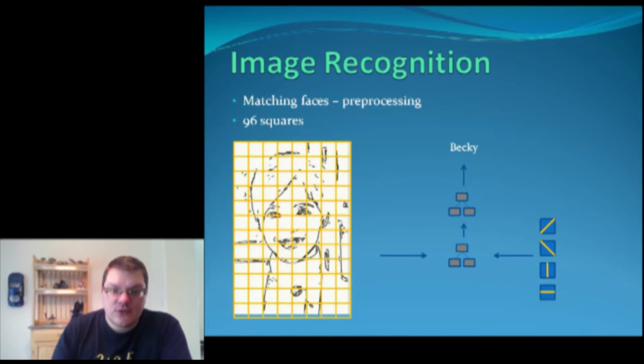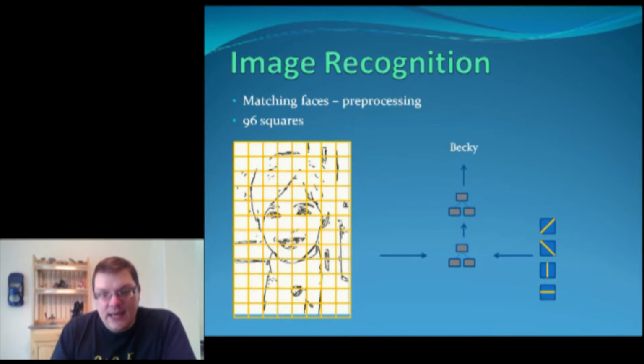Now we need to go to the next layer, or to the next set of neural networks that will take in those 96 results, and it will determine what kind of shapes are there. Are there circles? Are there squares? Are there triangles?